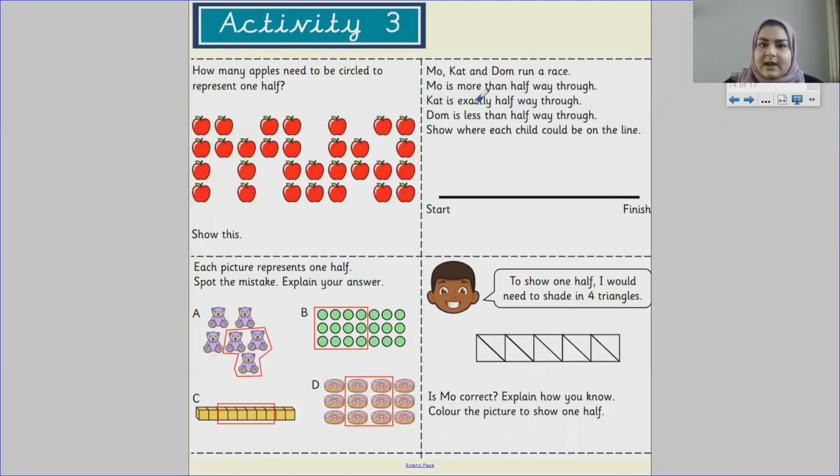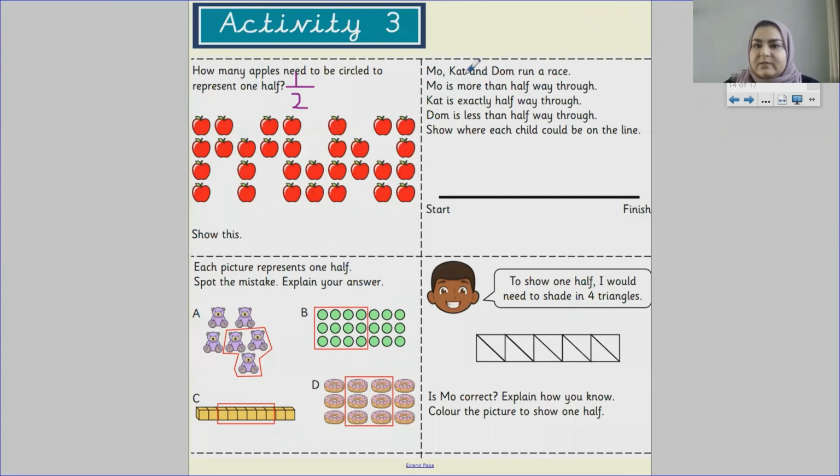Now, activity number 3. These are your questions that you need to complete. It says how many apples need to be circled to represent 1/2. So 1/2 obviously means this. So you need to work out how many you will circle to make it 1/2.